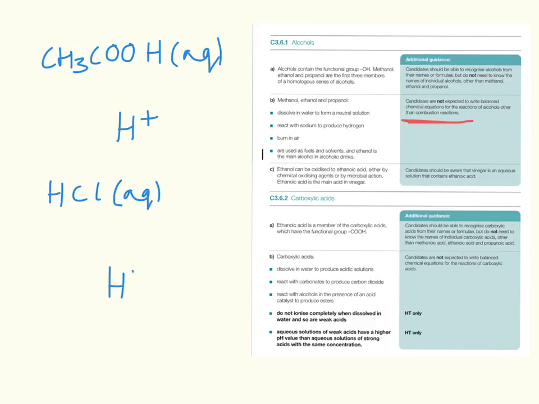The reason hydrochloric acid here is considered a strong acid is that it is able to ionise completely, fully, when put into solution, i.e. these hydrogen ions here are able to dissociate fully from the hydrogen chloride as a compound.